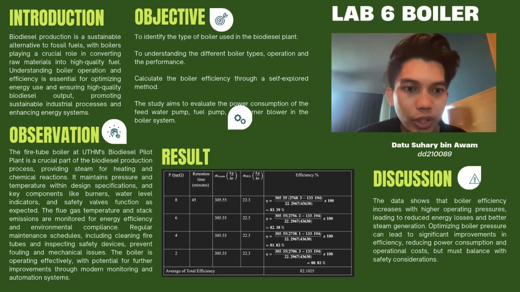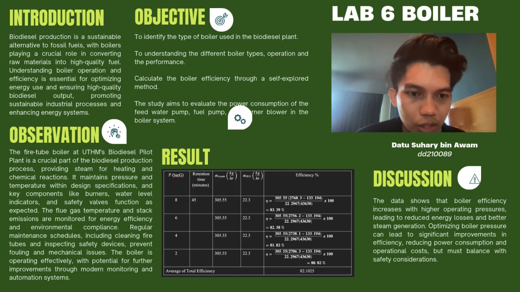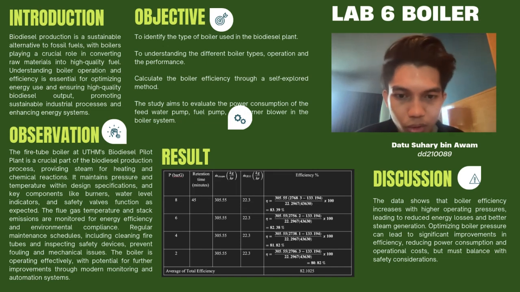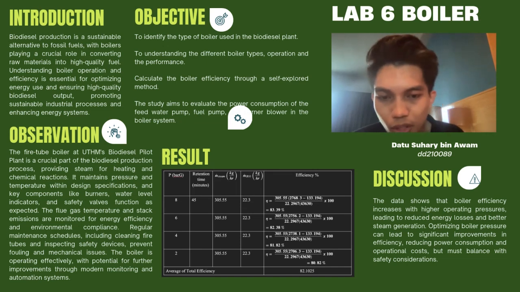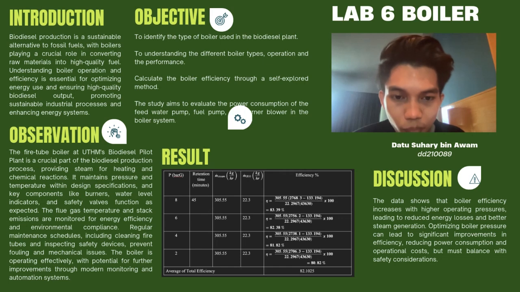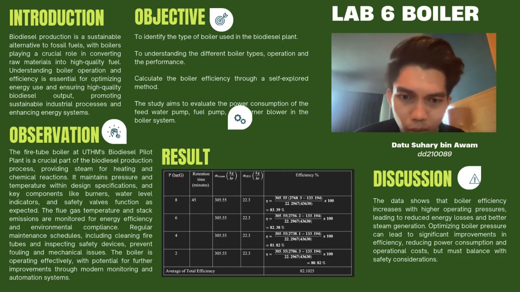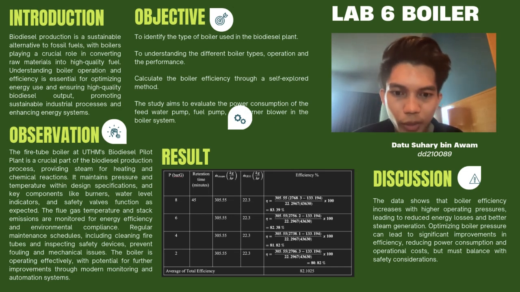Optimizing boiler pressure can lead to significant improvement in efficiency, consumption, and operational costs, but must be balanced with safety considerations. In observation, the fire tube boiler at the UTHM biodiesel plant is effective, with potential for future improvement through modern monitoring and automation systems.